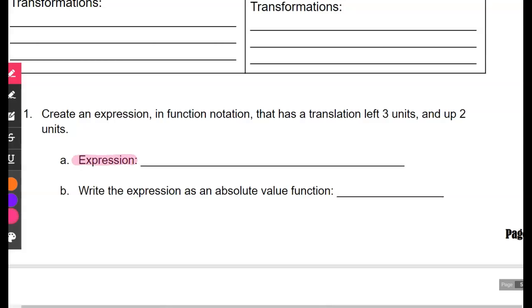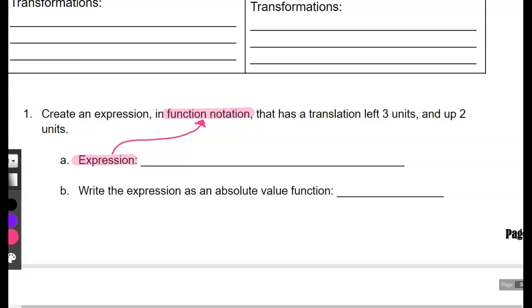Yes, Eli. Exactly. An equation has an equal sign and an expression has no equal sign. And yet, it's still asking for this in function notation.